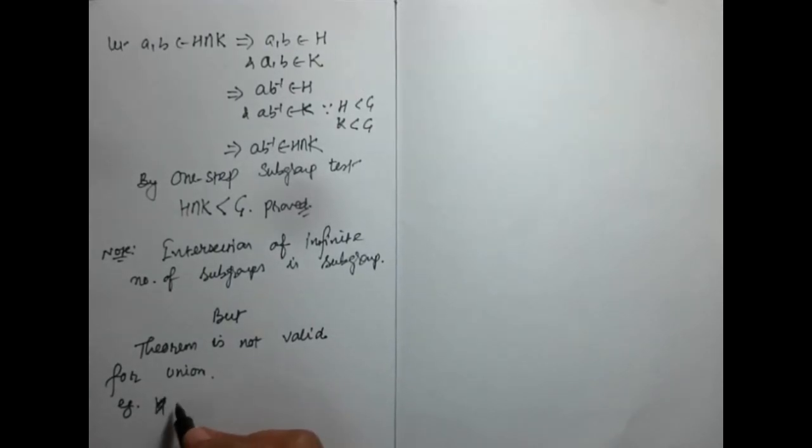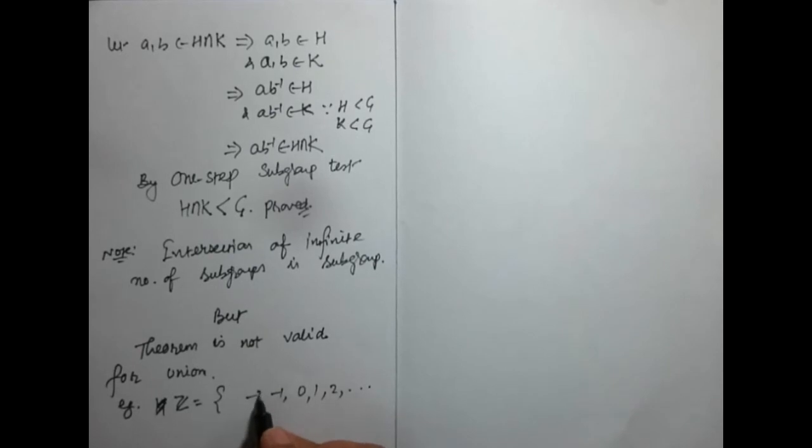For example, Z equals 0, 1, 2 and so on, -1, -2 and so on. This is a group under addition.